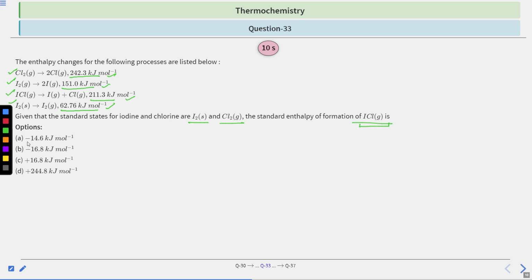So options are minus 14.6 kilojoule per mole, minus 16.8 kilojoule per mole, plus 16.8 kilojoule per mole, or plus 244.8 kilojoule per mole. So you have 10 seconds to solve this question. After that, we will see what the answer is.